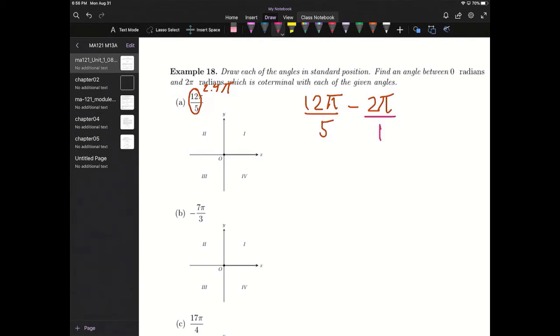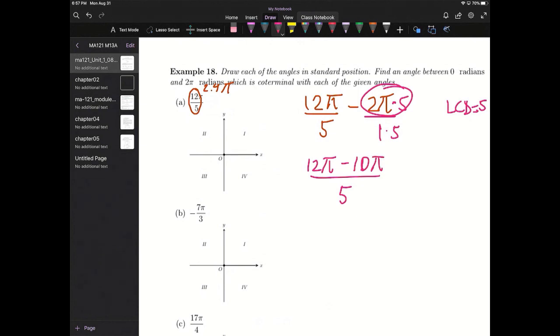Because of radians, most likely you have only fractions all the time, you just need to reduce. Think that to add or subtract fractions, all you need is the same denominator. The LCD here should be 5. Meaning, if I multiply the second fraction top and bottom by 5, I get that same denominator of 5, right? So now both fractions have 5. But the numerator is actually the operation I want to do. So here I have 10 pi, so it's minus 10 pi, and the same denominator on the bottom.